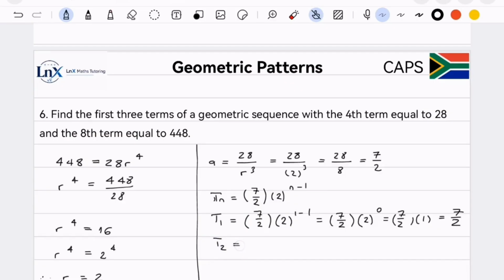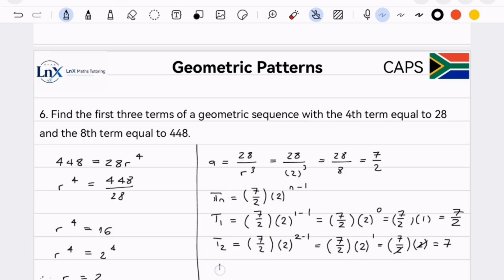The second term is going to be 7 over 2 times 2^(2 minus 1), that's 2 to the power of 1, yeah. So we basically have 7 over 2 multiplied by 2, so 2 cancels 2, that will be 7.